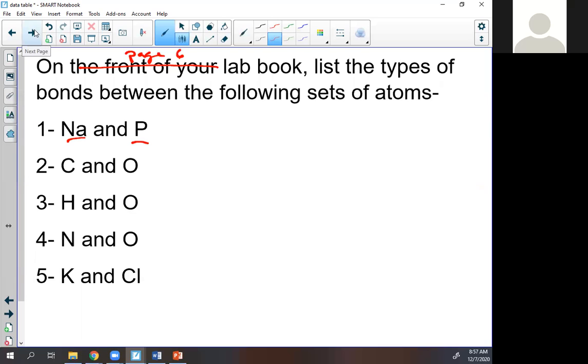So was it 3.5 minus 2.5? And that equals 1. So that would be polar as well. Who's with me so far? 2 for 2. All right, H and O ended up to be what? Was it 1.4?